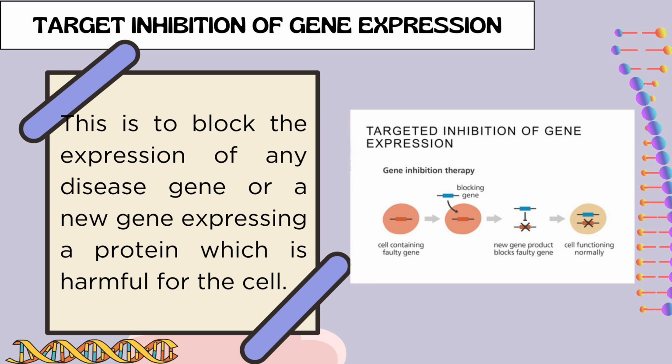This is to block the expression of any disease gene or a new gene expressing a protein which is harmful for the cell. Gene therapy inhibition is also a therapeutic approach that aims to reduce the expression of specific genes, particularly in treating diseases caused by a faulty gene, wherein a faulty gene is a gene that has undergone mutation, resulting in an altered or non-functional gene product.